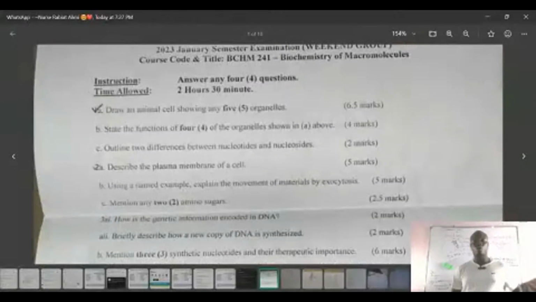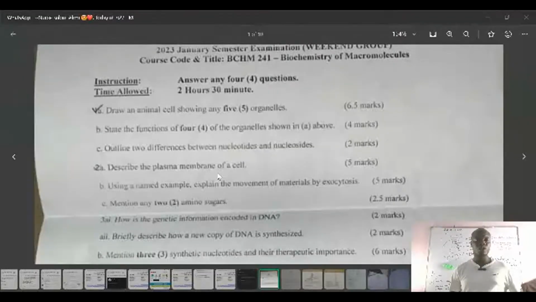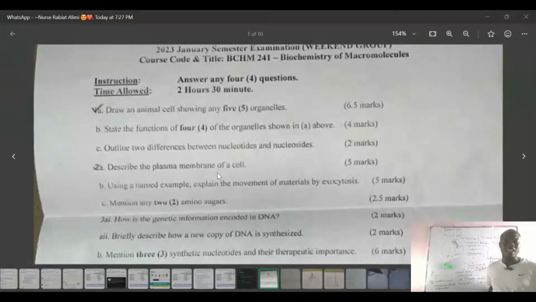You see, check very well, question 1A carries marks, and question B is 4 marks. So for each of these, if you are able to describe their functions, mark. And then question 1C said two differences between nucleotides and nucleosides.